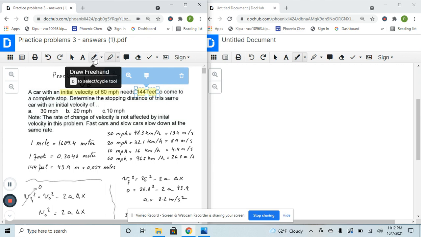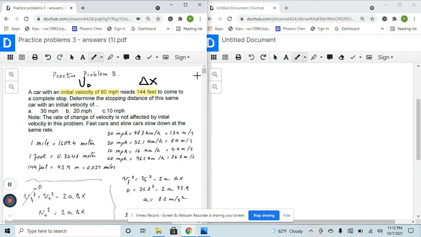That's also known as our displacement, which can be written as delta x. And then lastly, we know that once it comes to that place, it comes to a complete stop. So this can also be known as our final velocity, or Vf. And Vf is going to be equal to 0, right? It's traveling at 0 miles per hour if it's stopped.